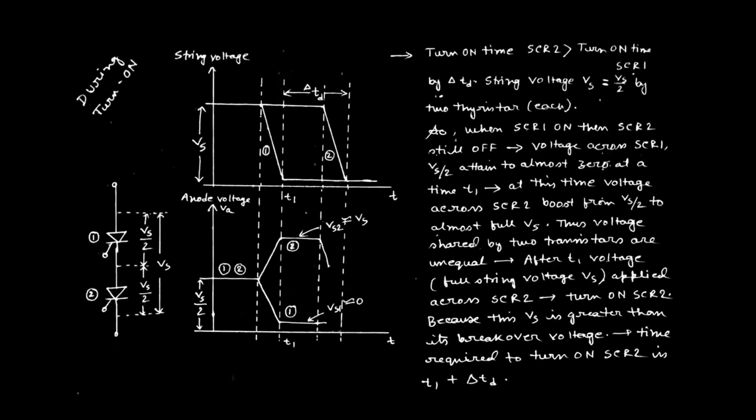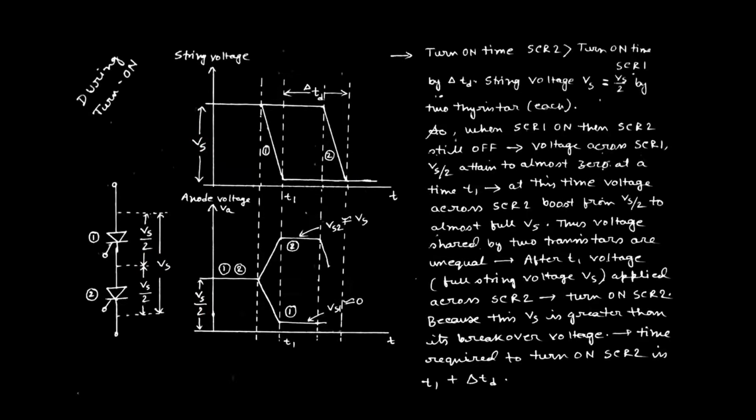Now see, we assume this is the string voltage Vs with respect to time axis, and this is the anode voltage of individual SCR with respect to time. So when the string voltage is Vs, then the anode voltage of each SCR is Vs by 2, that means total supply voltage is distributed throughout the two SCRs, that means this is Vs and this is Vs by 2.